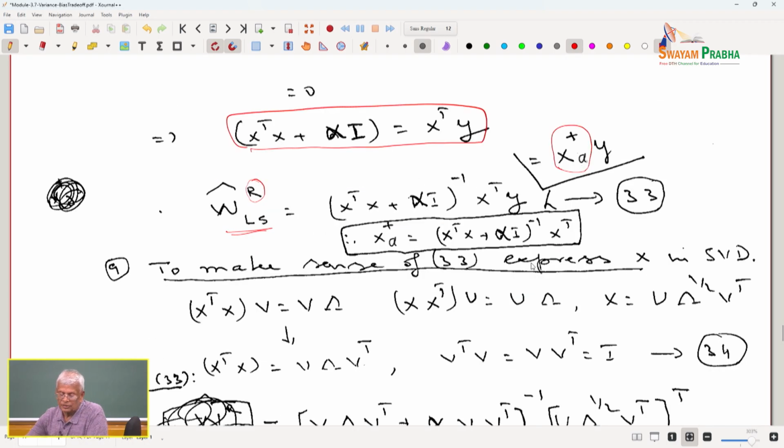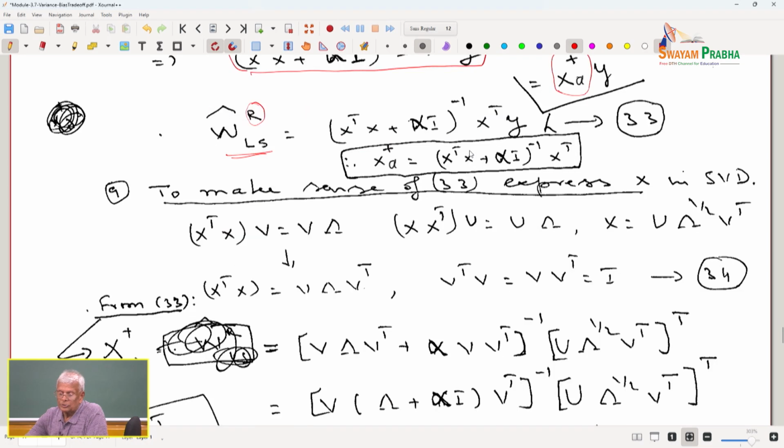To make sense of this, I would like to see how this insertion of the alpha term is going to help you to desensitize. To do that, I am going to express x in SVD. So, x transpose x v is equal to v lambda, and x x transpose u is equal to u lambda. Therefore, x is equal to u lambda to the power half v transpose.